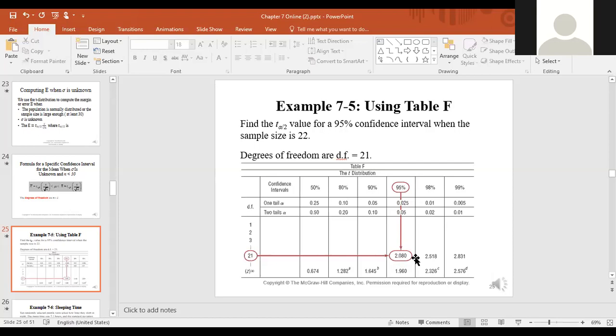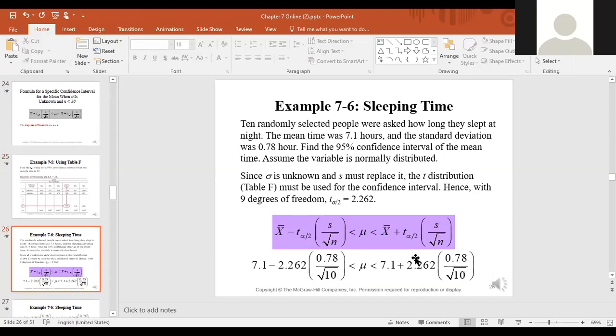For those who have a TI-83, you will not need to go through this because you go to Stat, you go to Test, and you choose the T interval. And let's do this example. 10 randomly selected people were asked how long they slept at night.